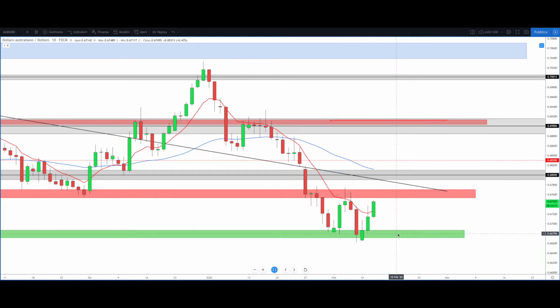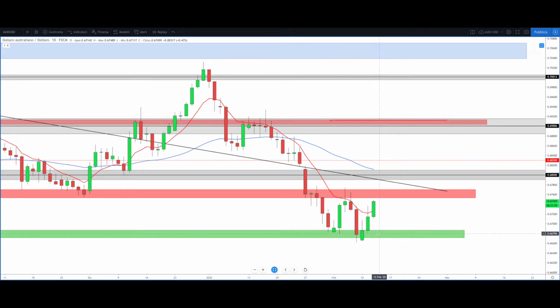So keep your eyes on the Australian dollar. We don't have any clear opportunity, but this could be really a strong break, because if the price will break this area around 0.6680, this could be a clear break of a yearly support, so huge signal for the rest of the year. So I prefer to not rush into any trade.